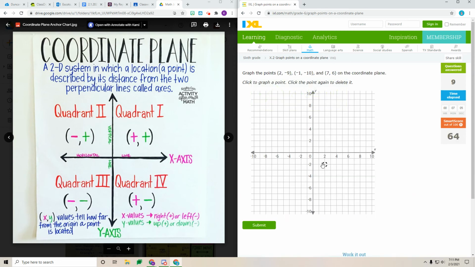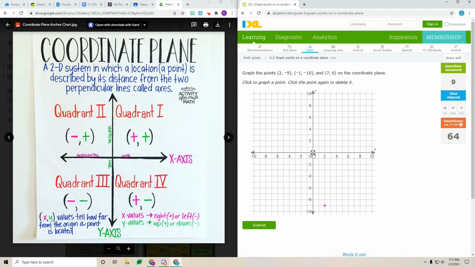Let's see if we can do one more. Okay, so 2 comma negative 9. Start at 0. Tell me which direction to go. So positive 2, negative 9, so down 9. And there you go. All right, the next one, negative 1 comma negative 10.